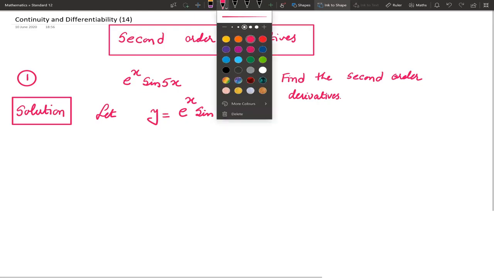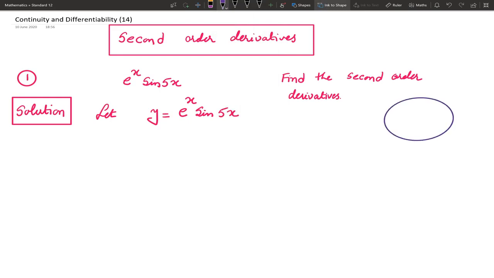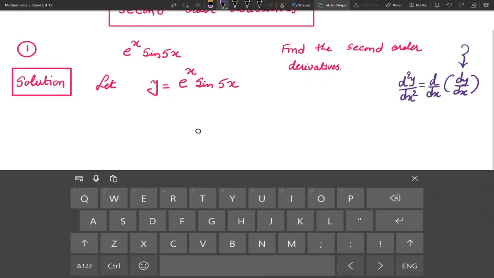Note that for the second order derivative we have to evaluate d2y by dx2, which is nothing but d by dx of dy by dx. So first one has to evaluate dy by dx, then again differentiate, and you will get the second order derivative. So first let us obtain dy by dx.